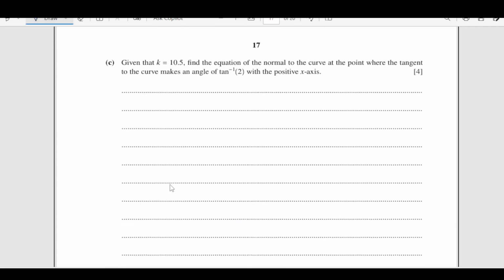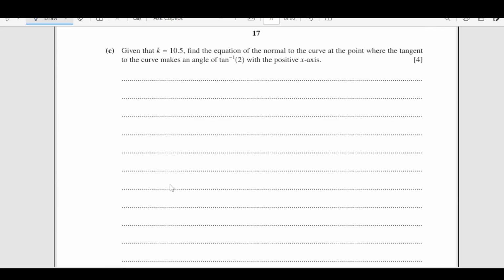Now, part C: given that k is 10.5, find the equation of the normal to the curve at the point where the tangent makes an angle of tan inverse 2 with the positive x axis. As we are given that angle theta is tan inverse 2, when you bring tan to the other side, it will become tan theta equals 2.